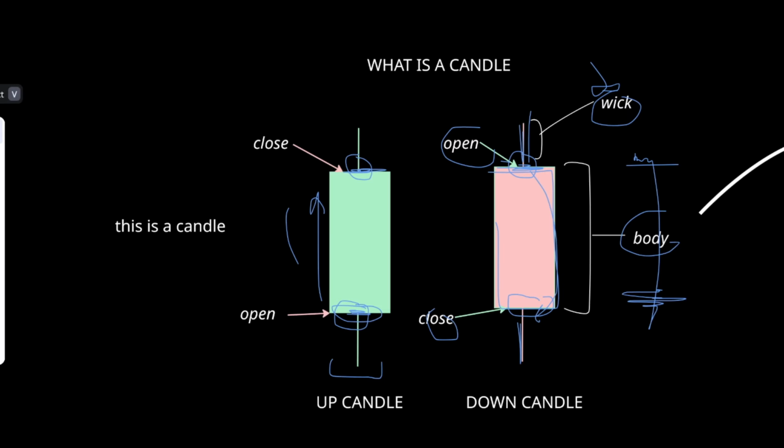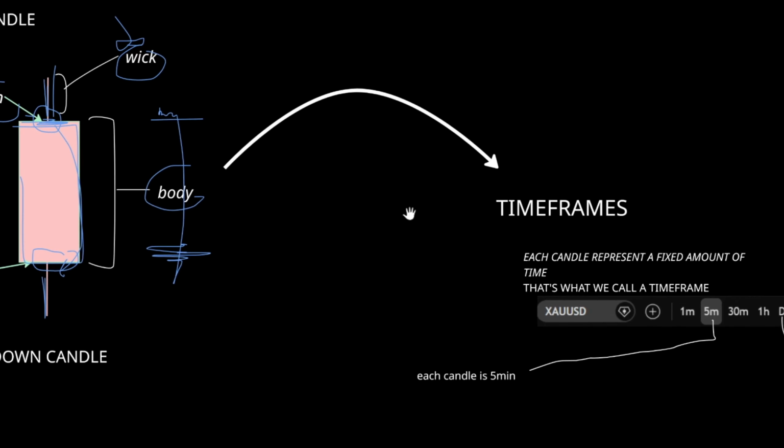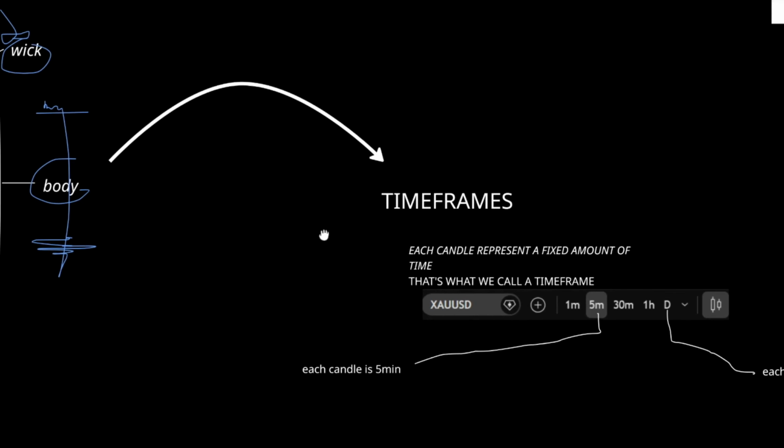Okay, we're going now to see time frames. Each candle represents a fixed amount of time. So that candle, for example, can represent a whole day, 24 hours.